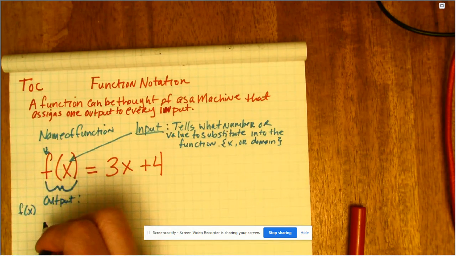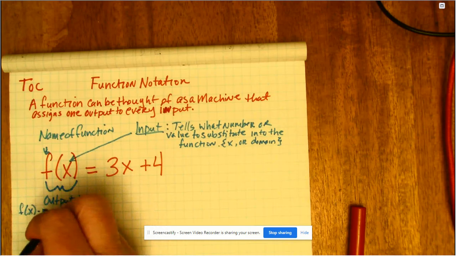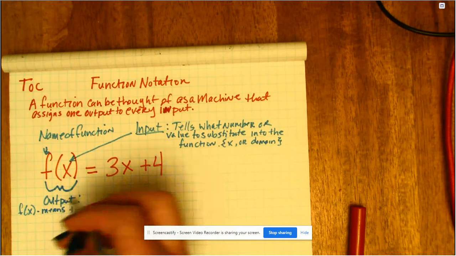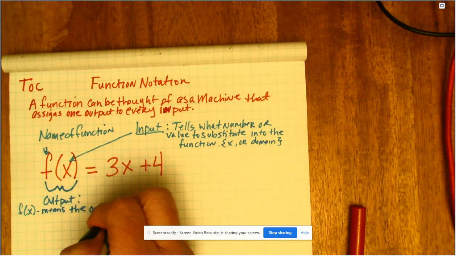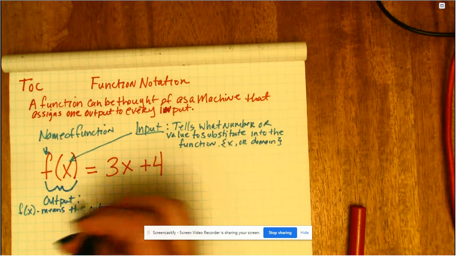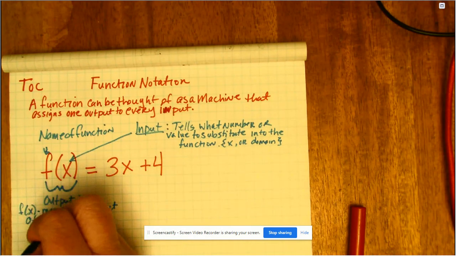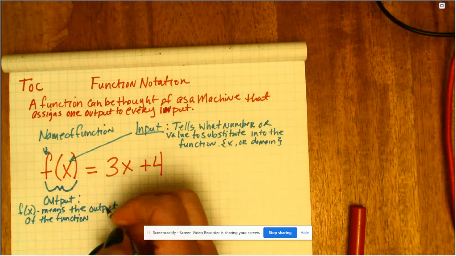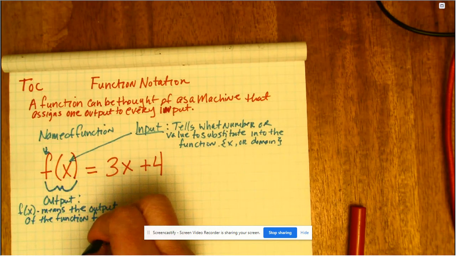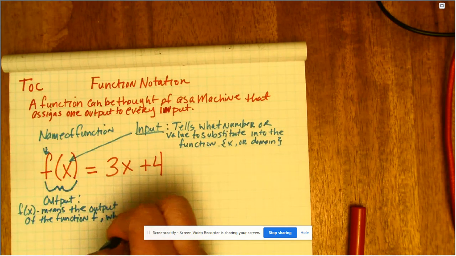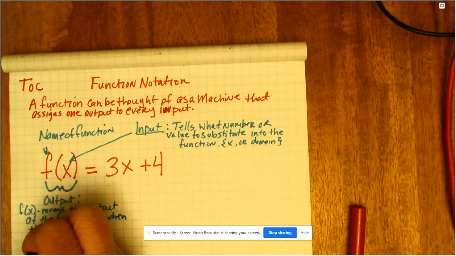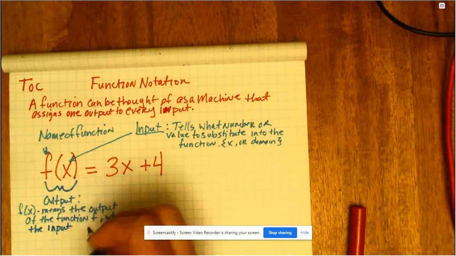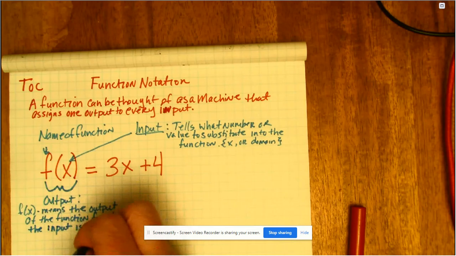So when we see f of x, what we mean by that is the output of the function f when the input is x.